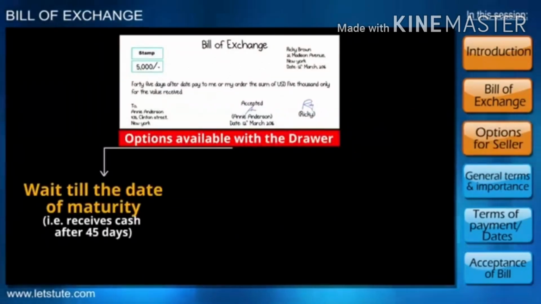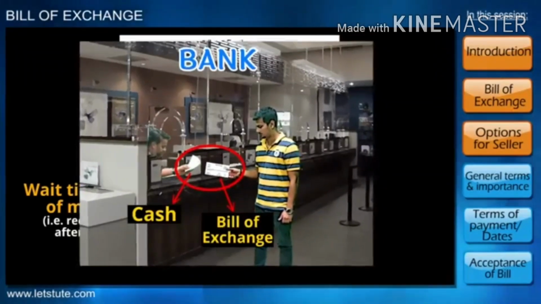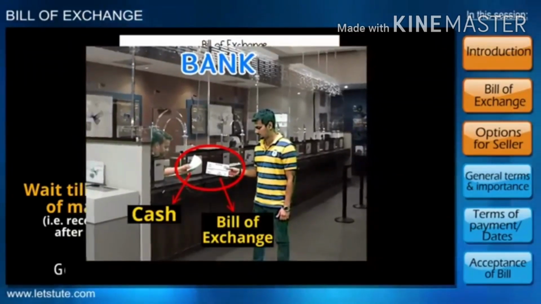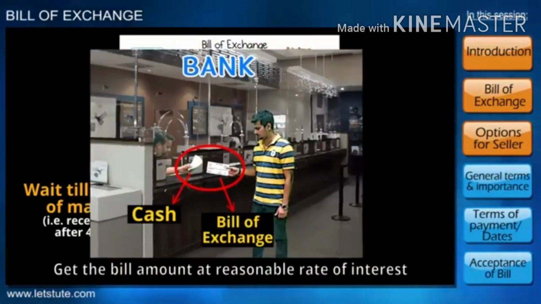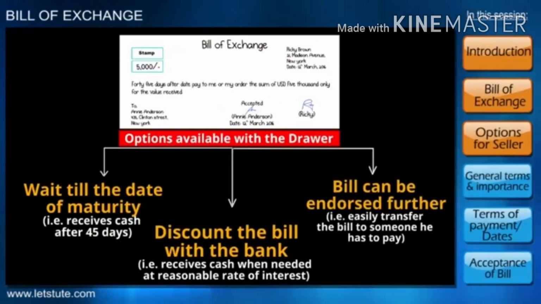He has an option to either wait for the money until the date of maturity, or he can get cash at any point by discounting the bill with the bank, that is acquiring the said amount at a reasonable rate of interest. This bill can also be endorsed further without any hassle for settlement of one's debt.